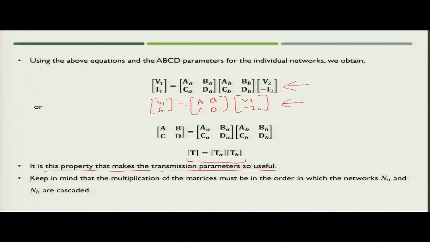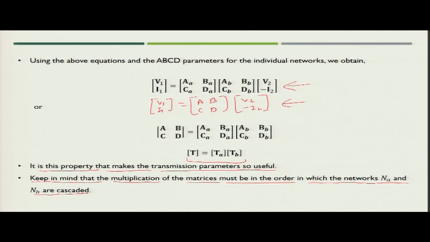Now, one thing we have to always keep in mind is that the multiplication of matrices must be in the order in which networks N A and N B are cascaded. So, if B is following network A, then the matrix multiplication would be T A multiplied by T B, not T B multiplied by T A. So, this we have to always keep in mind.